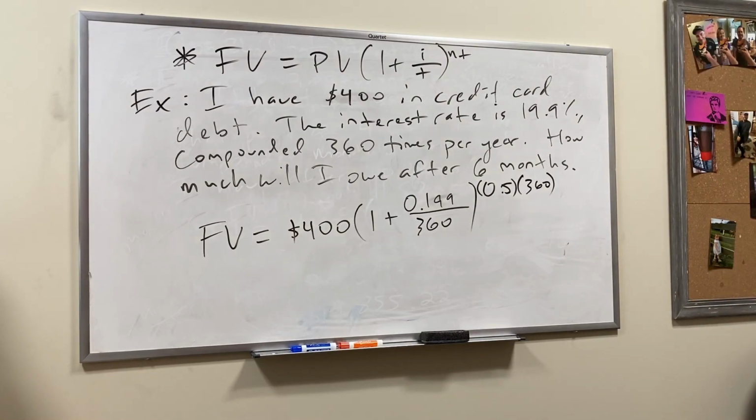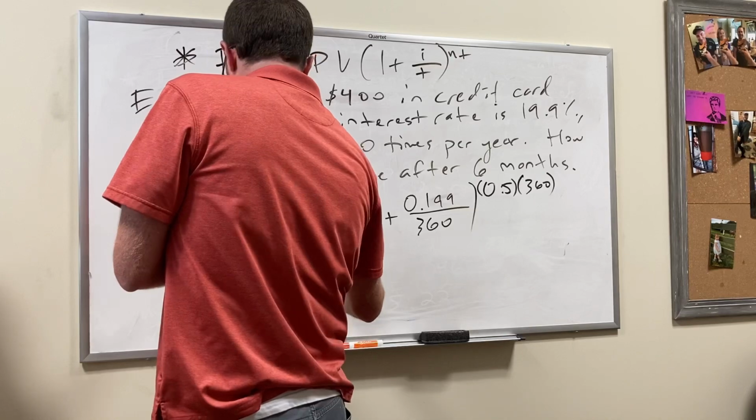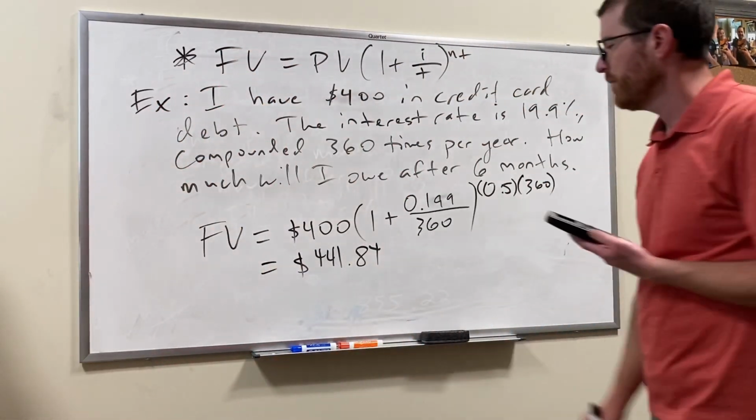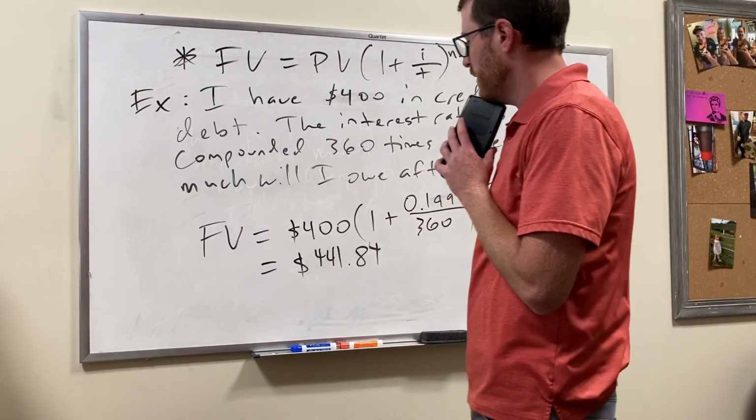All right. A little bit messy, but the logic is sound. So I'm going to solve for this, see what I get. And so what this comes out to is $441.84. All right, that's the answer that I get.